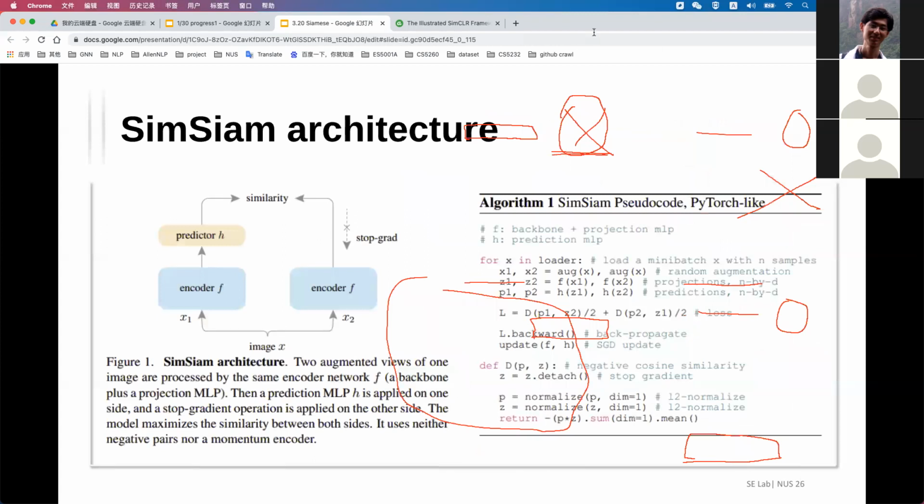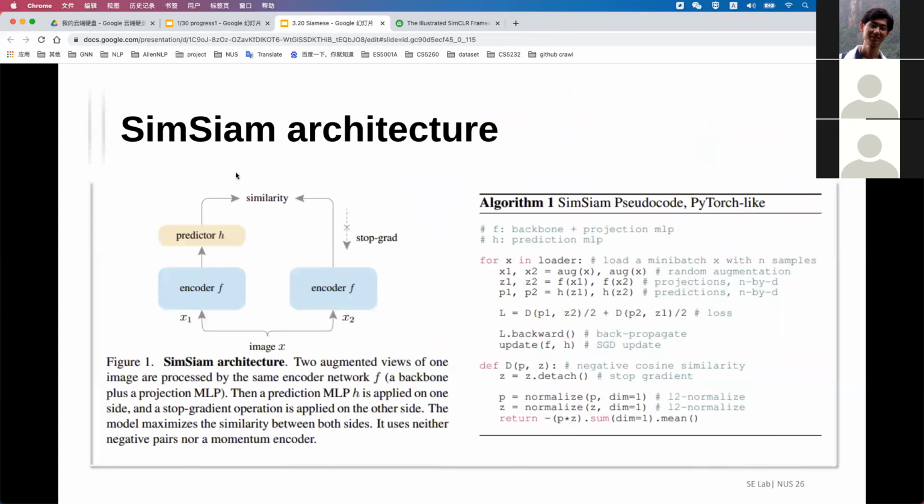So let me go through the architecture of SimSiam. We can look at the pseudocode. It first has the augmentation, the projection and the prediction, very similar. And then he computes the loss.